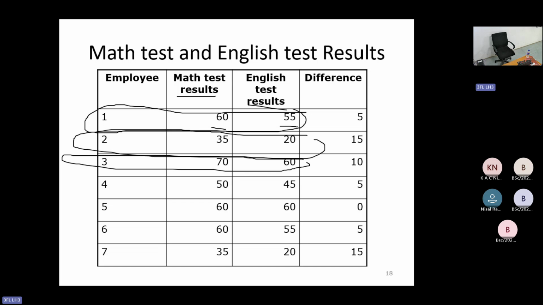We need to compare these 2, English and mathematics, whether it's significantly different. But the thing is, the same employee has done both. So that's why we call it a paired situation. The marks are paired by an employee or a student or an organization. That's called a paired sample t-test, right?